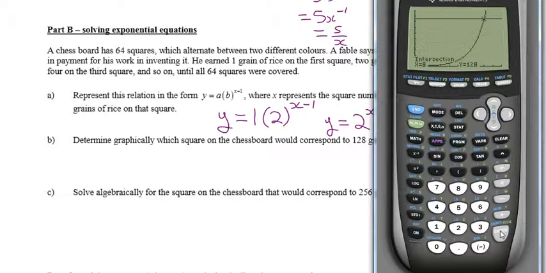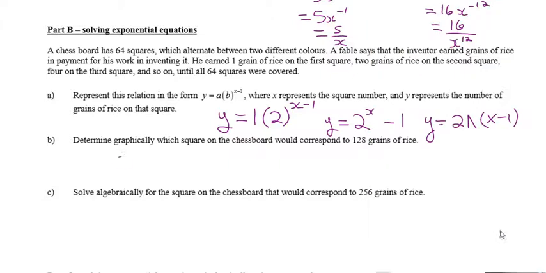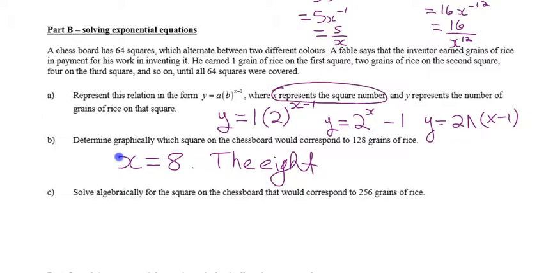So determine graphically which square on the chessboard: we get x is equal to 8. So we're looking at the 8th square, because x represents the square number. The 8th square has 128 grains of rice.